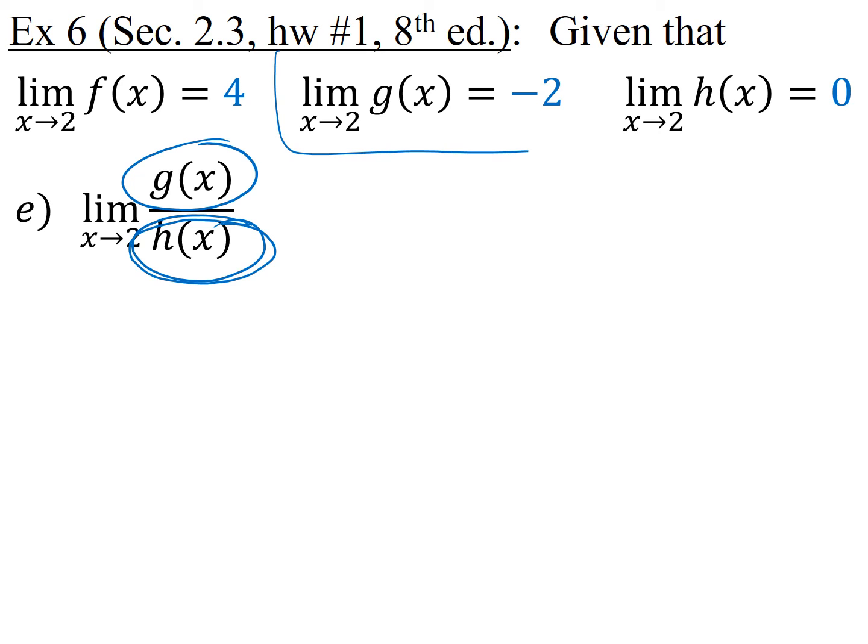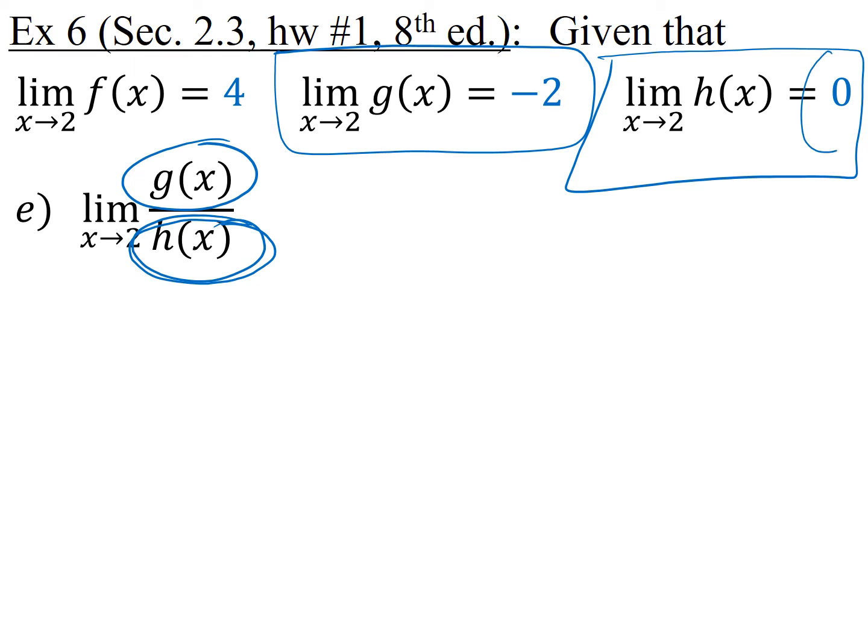Well, yes, the limit of the top exists, and yes, the limit of the bottom exists, but the limit of the bottom is 0. So when that happens, what did we say? We said the thing to keep in mind was if the limit of the bottom is 0, and if the top also goes to 0, then the limit could exist.